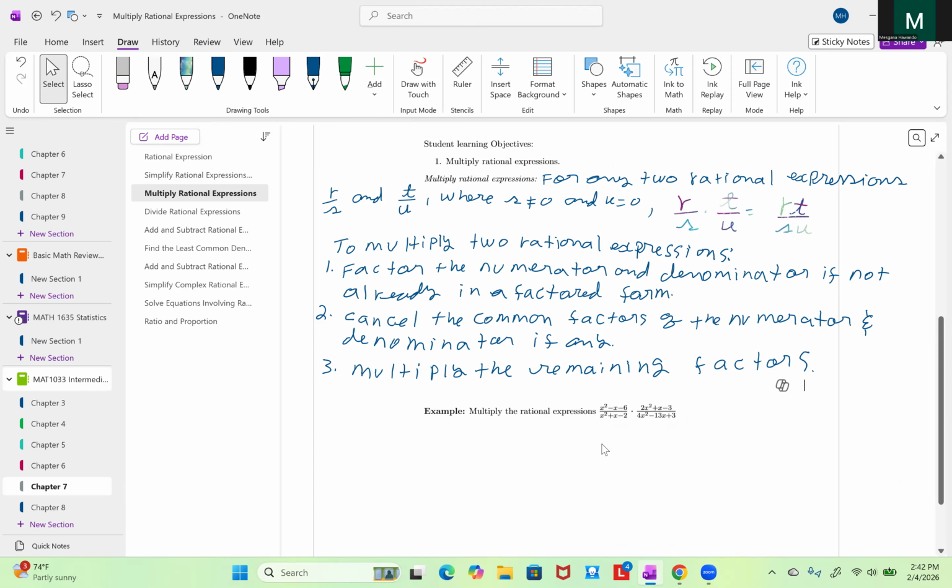So this here, x squared minus x minus 6. We need to find two numbers whose product is -6, whose sum is -1. -3 times 2 is -6. -3 plus 2 is -1.